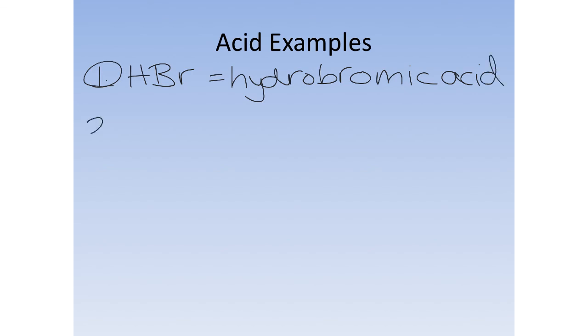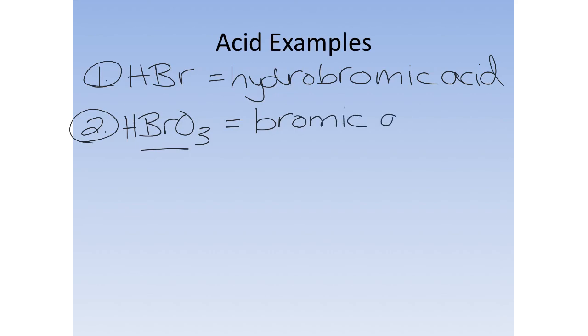Okay, then we could have it with the polyatomic ions. So BrO3 is bromate. So therefore, this would become bromic acid, just like sulfate is sulfuric acid or nitrate is nitric acid.